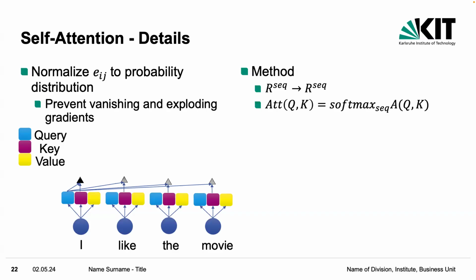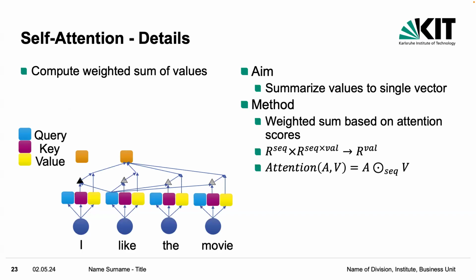And with this, we can do the final step, where we take the sequence of our attention values, so how important each of them is, and we multiply them with our values, where each value is multiplied with the matching attention value.